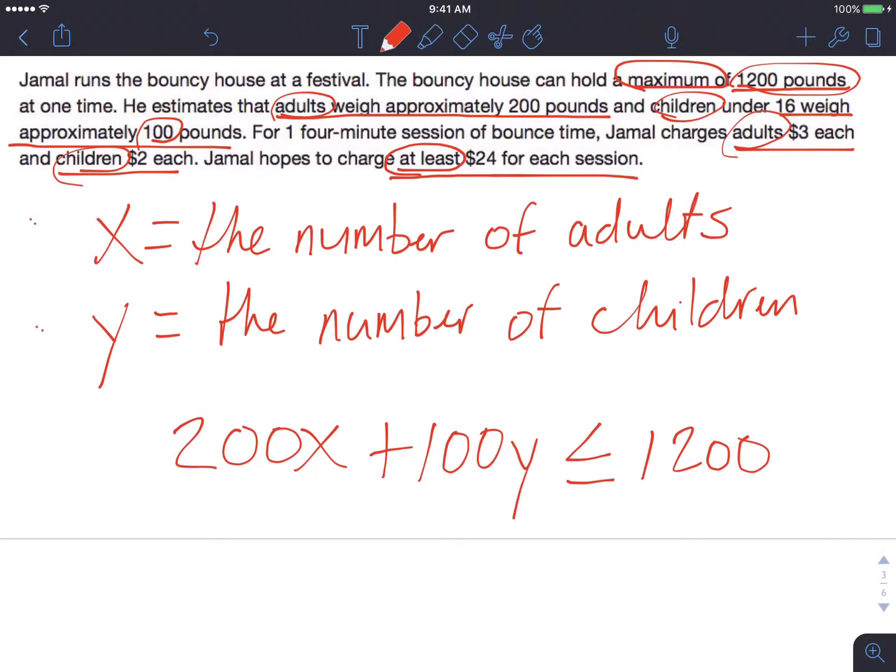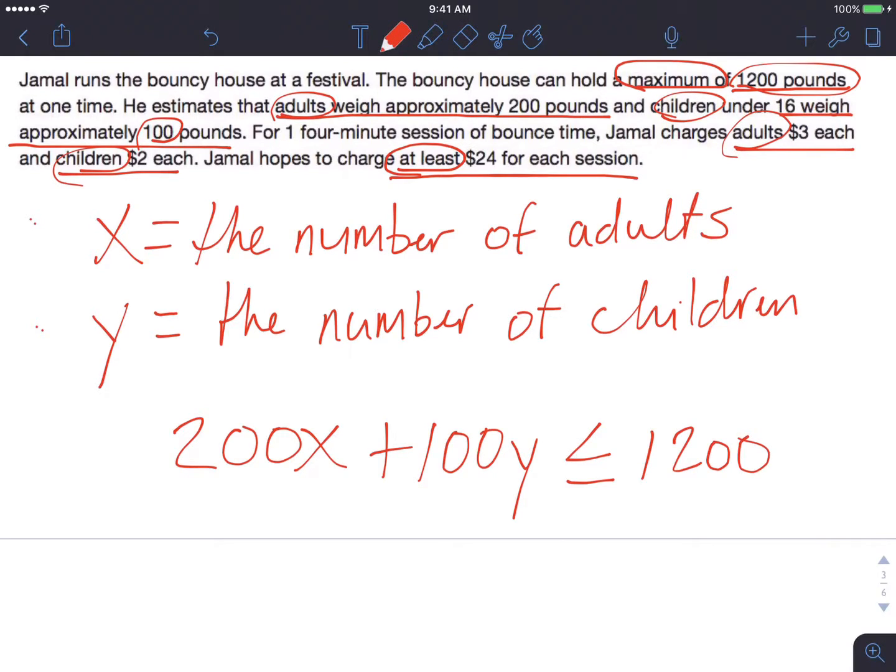What it's saying is that the weight of the adults plus the weight of the children has to be less than or equal to 1,200 pounds. Okay? Let me just erase those marks.